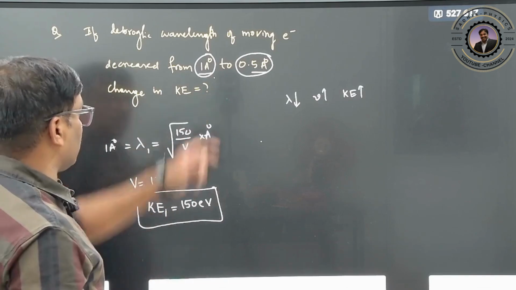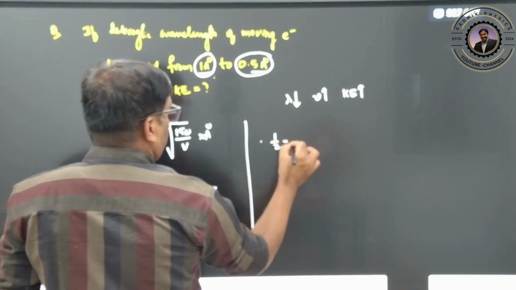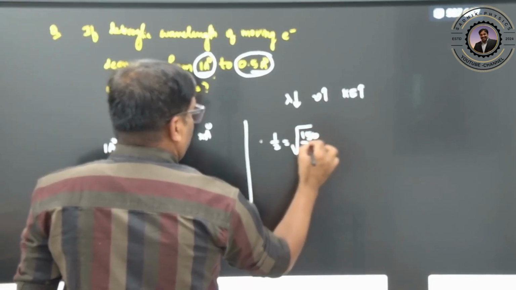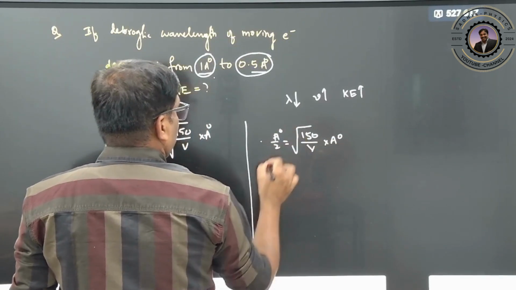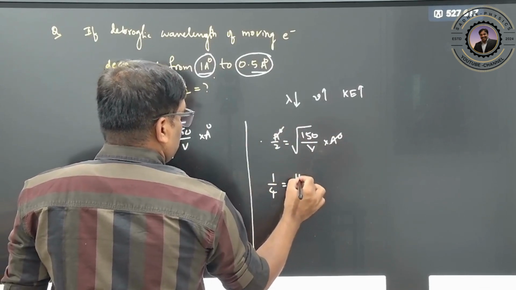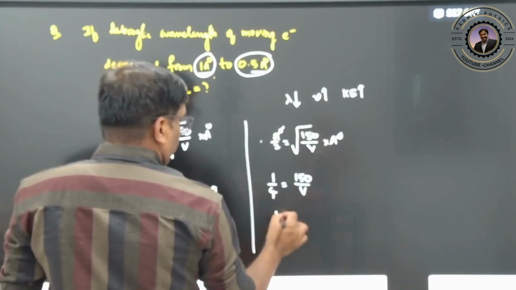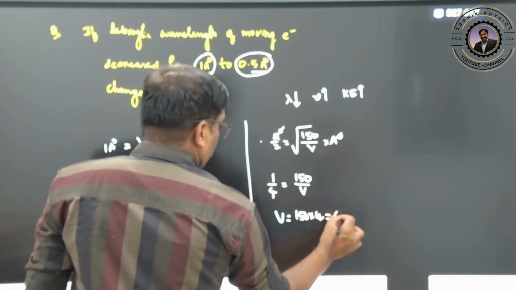Next, for 0.5 angstrom: 1 by 2 into the square root of 150 by V, in angstrom. The angstrom cancels out, and squaring gives 1 by 4 equals 150 by V. So V is equal to 150 into 4, therefore 600 volts.